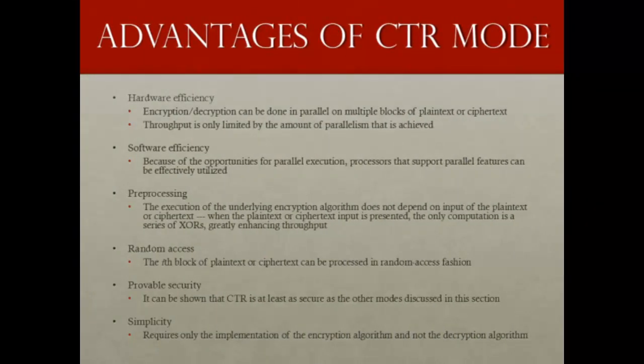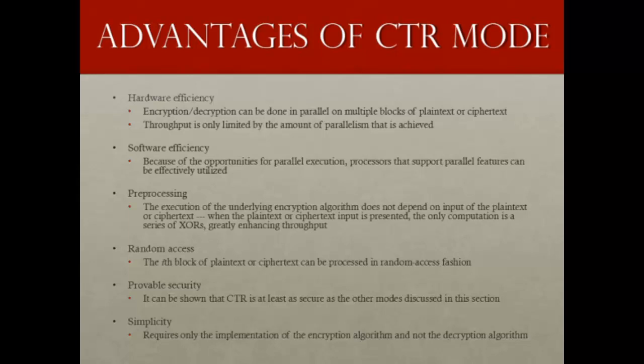So what are the advantages of CTR mode? Here we have a list of the following advantages. Hardware efficiency. Unlike the chaining modes, encryption or decryption in CTR mode can be done in parallel on multiple blocks of plaintext or ciphertext.